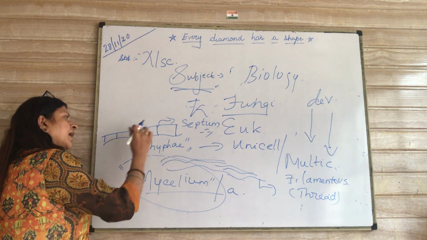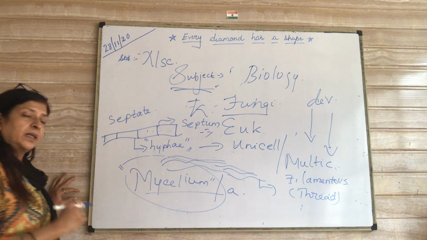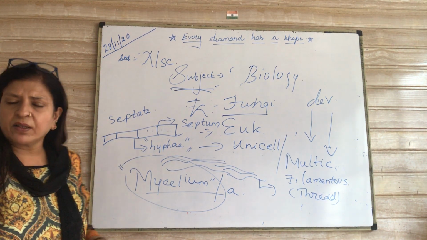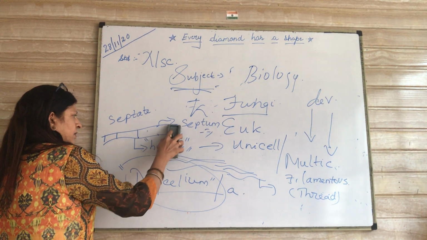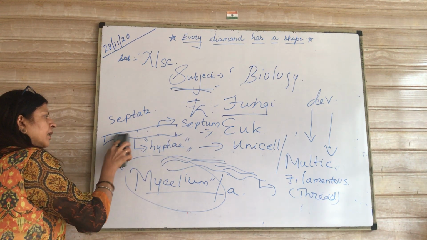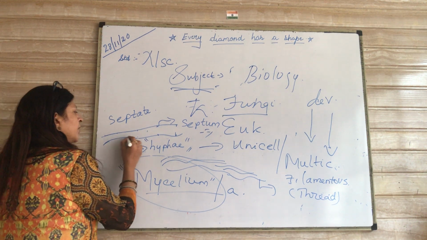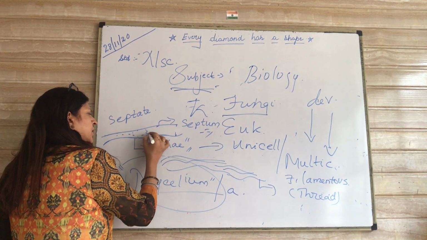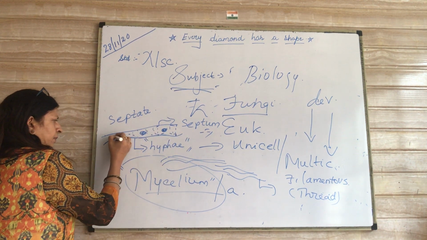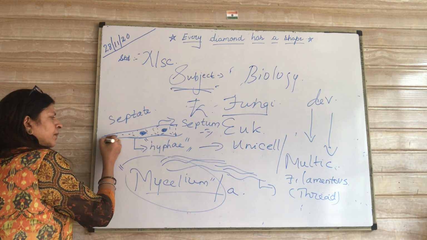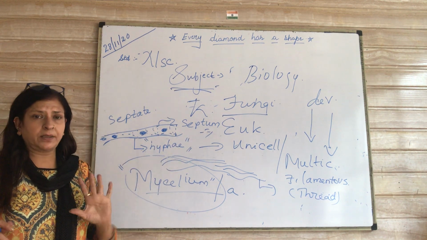If the mycelium has the wall, we call it a septate mycelium, and if it is not having the wall, just see carefully. Here you see a continuous flow of cytoplasm and the nuclei. Here I darken the nuclei. It's a continuous flow of cytoplasm.